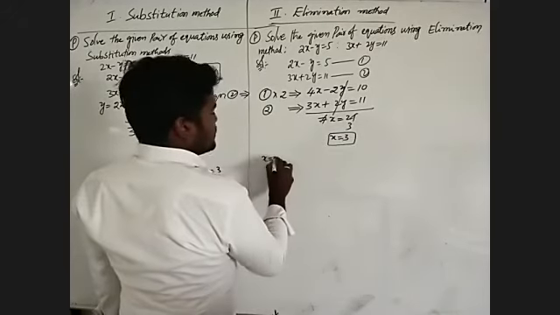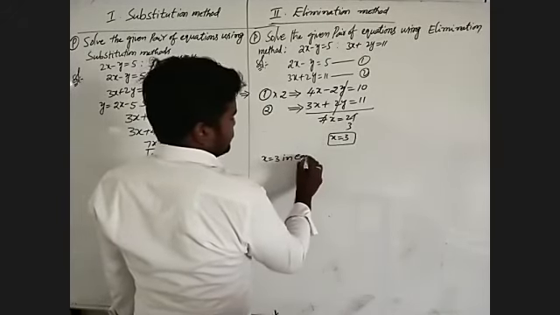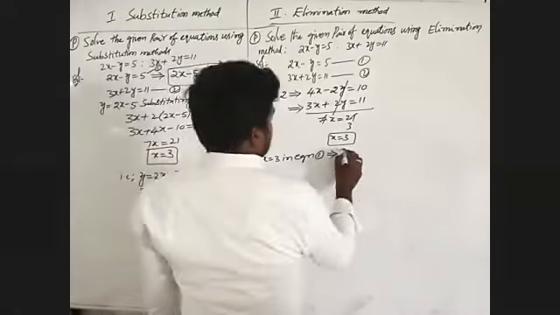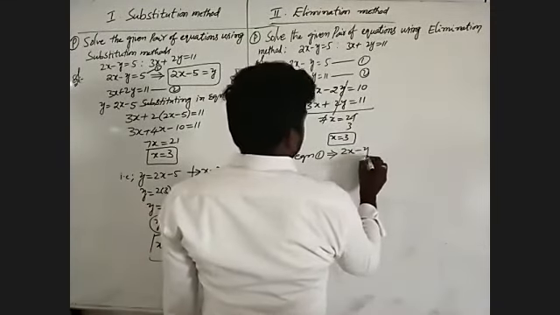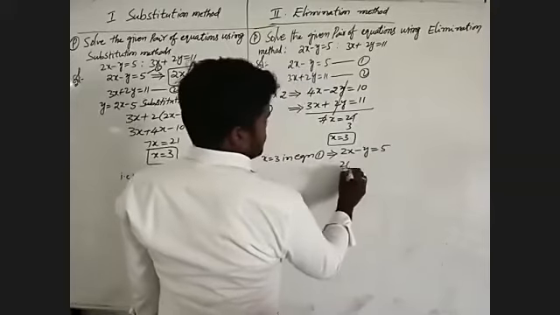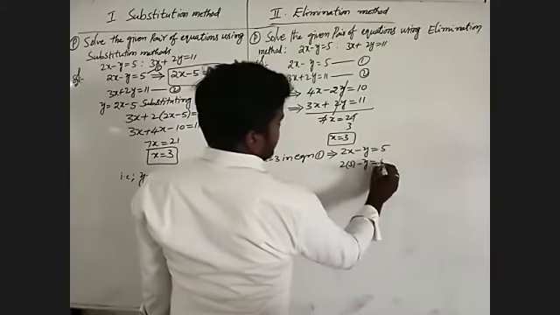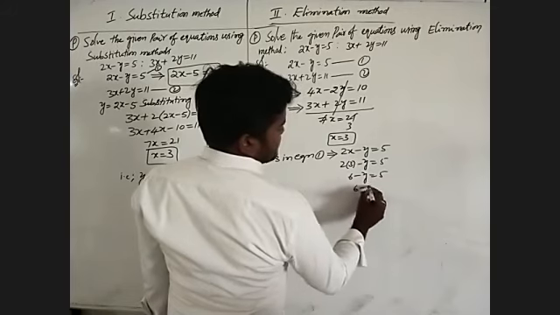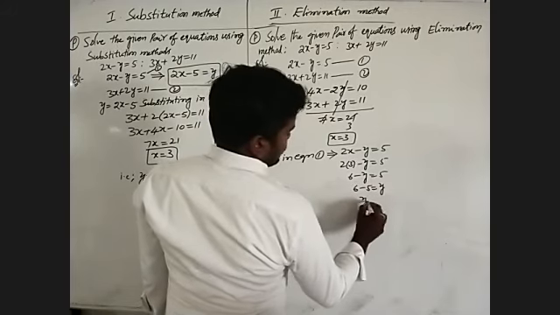Substitute x is equal to 3 in equation 1. 2x minus y equals 5, so 2 into 3 minus y equals 5. 6 minus y is equal to 5, so 6 minus 5 is equal to y. y is equal to 1.